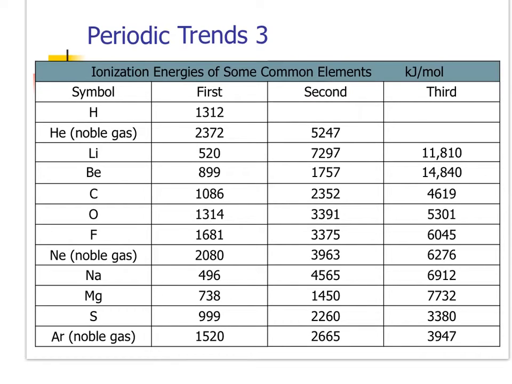Helium, which only has two, it becomes very difficult. Lithium, very easy to remove the one, and as we look at ones that are in that first group, hydrogen, lithium, and sodium, as we just go down those, it takes less energy to remove an electron.